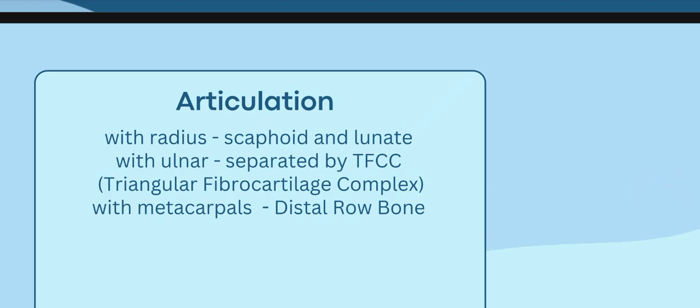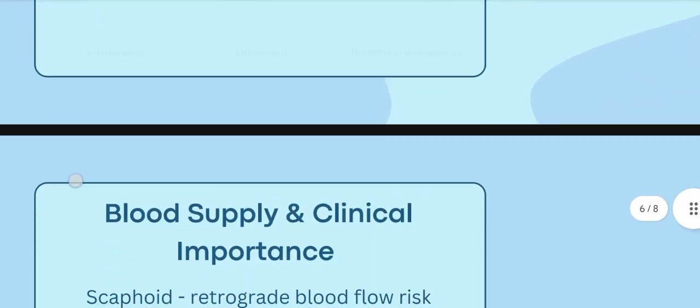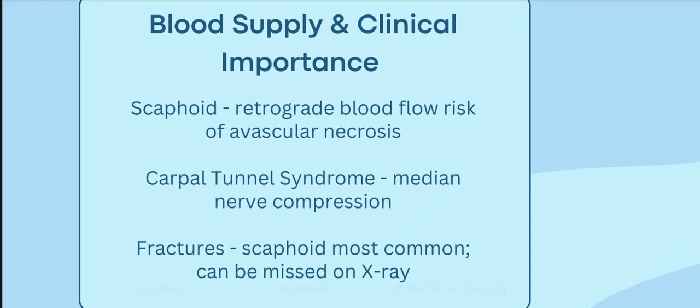Then we discussed the articulation: with the radius, scaphoid and lunate; with the ulna, separated by the TFCC, the triangular fibrocartilage complex. Then with metacarpals, that is the distal row bones, and then blood supply and clinical importance. Scaphoid has retrograde blood flow with risk of avascular necrosis.